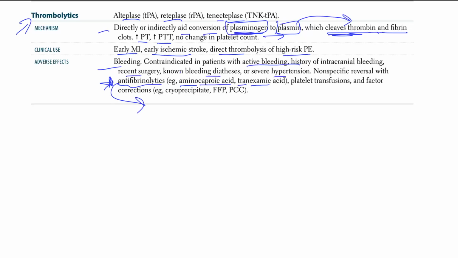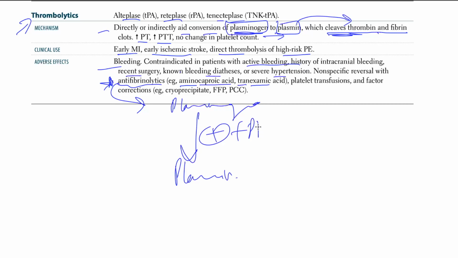Again, you have the plasminogen that gets converted into plasmin with the help of these tPA. This thing is inhibited by aminocaproic acid and tranexamic acid, so you can't make plasmin. So that's the way it works.